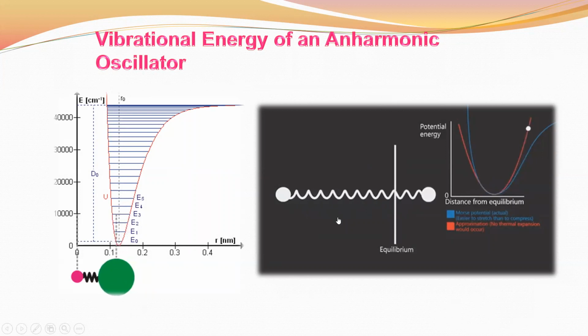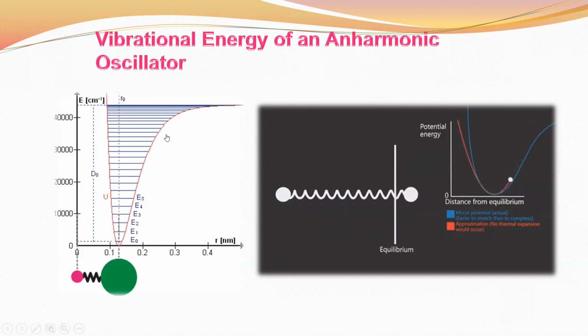If it is a diatomic molecule, for example H2, then it will form two hydrogen atoms.